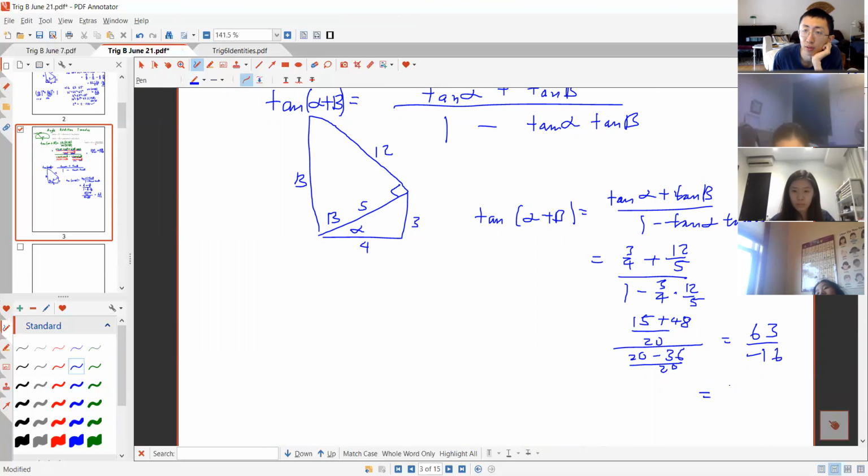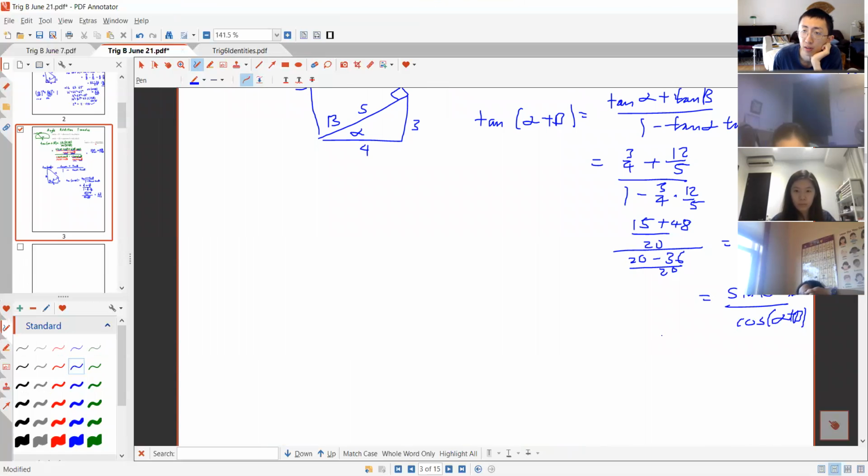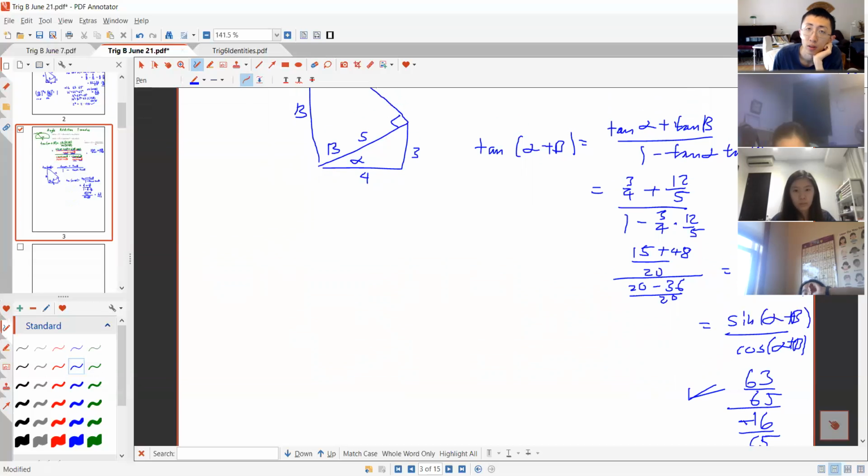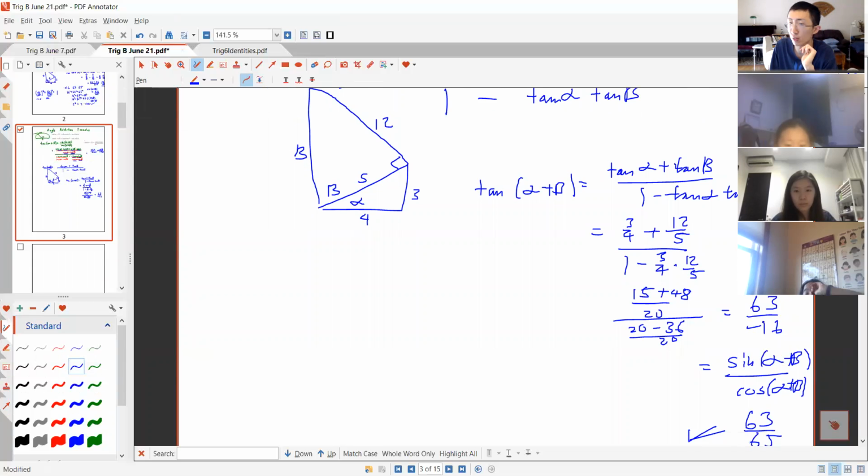So that equals sine alpha over cosine alpha, which we found earlier, which was 63 over negative 16. So that checks out. Okay, so now we have the 3 addition formulas.